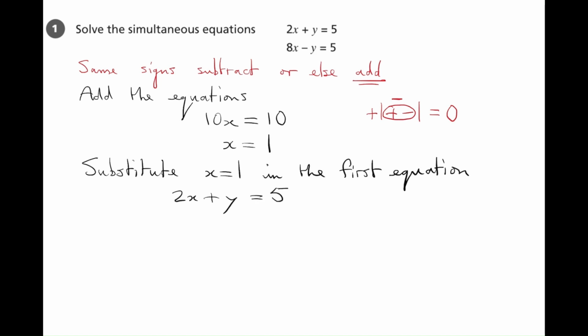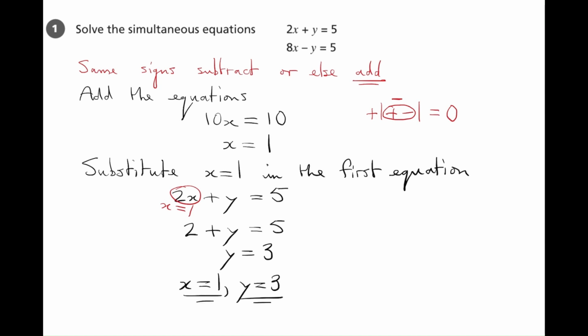We know that x is equal to 1, so we substitute that into 2x. So 2 multiplied by 1 is 2, so we write that down. Plus y equals 5, so clearly y must be 3. So the answer, x equals 1 and y is equal to 3.